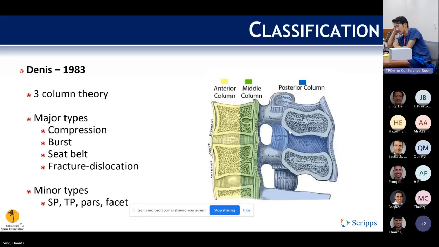If you're only having some injury to the posterior column unilaterally, whether it be TP, pars, facet, as long as your anterior and middle columns are intact, then you may not necessarily have an unstable segment. But overall, looking for clues on needing to decompress or to stabilize.